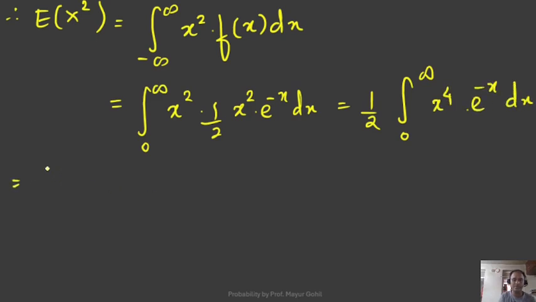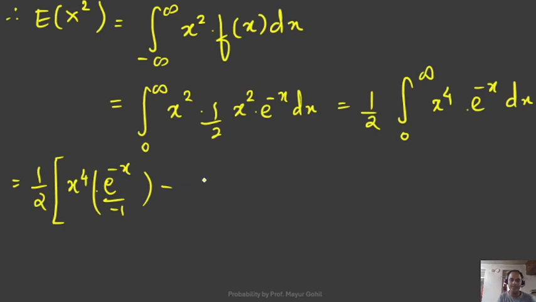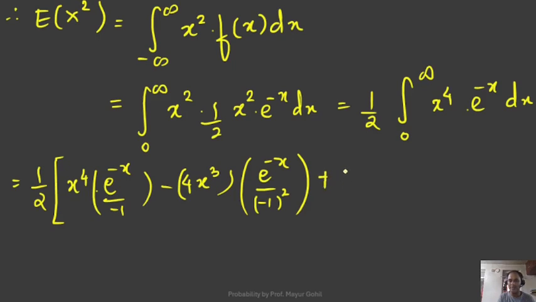So this is going to be half times x raised to 4 into e raised to minus x over minus 1. Then it is plus, minus, and here there is 4x cube. Do the derivative of x raised to 4, integrate e raised to minus x twice, so you get e raised to minus x over minus 1 the whole square, and then again you do the derivative of 4x cube. That's going to give you 12x.